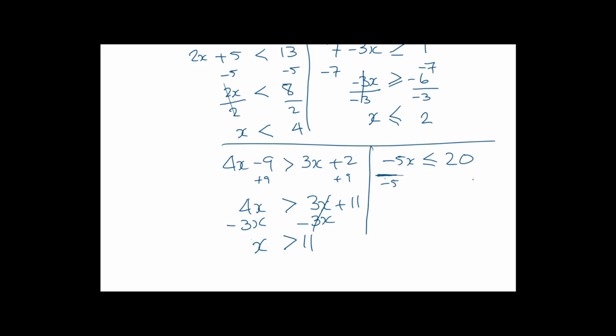Divide both sides by -5. When we do that, this has to flip. So x is going to be greater than or equal to 20 divided by -5, which is -4. Remember, a positive number divided by a negative number is a negative number.